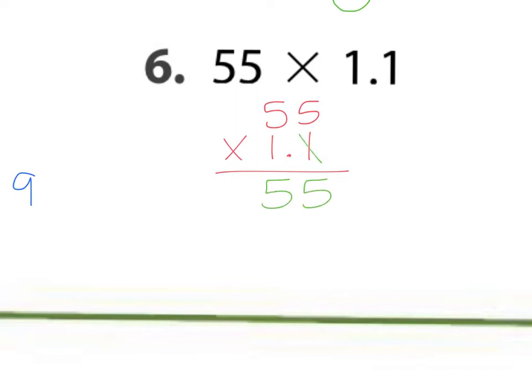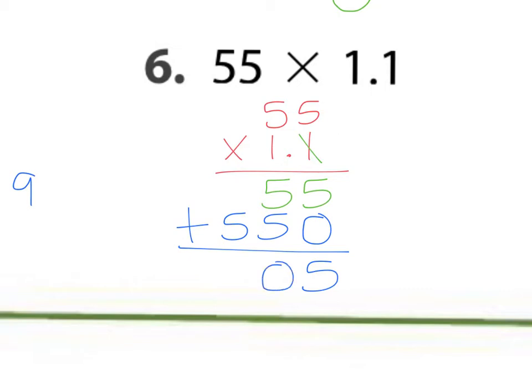Okay, get rid of that one. Then we're going to come over here to this one, which is really a 10, so we're going to put the 0 there. But then we basically have 55 times 1 again, and 55 times 1 is 55. So add those up. 5, 0, carry 1, and 6.